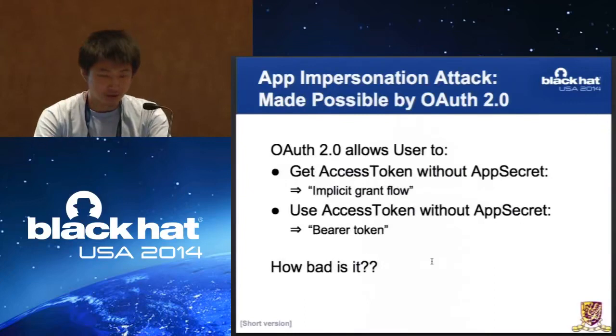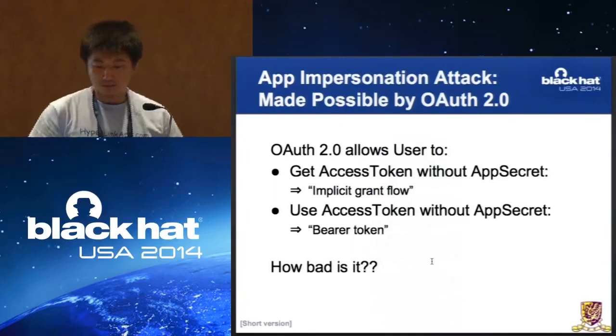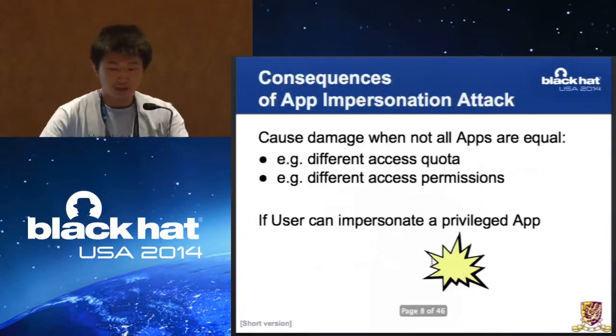So how is this possible? It turns out OAuth 2.0 allows a user to easily get an access token without the app secret. This is about something called the implicit grant flow. We'll show you the details later. It also allows a user to use the access token without the app secret. This is called a bearer token. And what's the consequence of it?